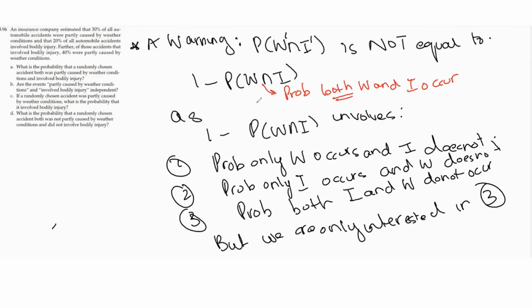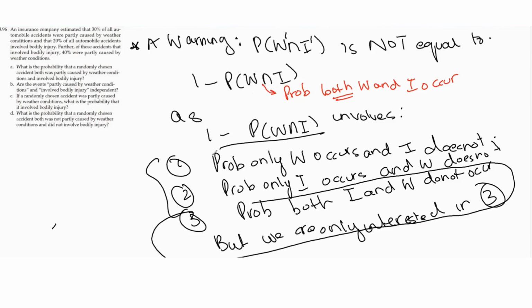So the idea is this: you cannot find probability not W and not I as 1 minus probability W and I, because from this what you're doing is subtracting from one the probability that both of them occur together. So this would involve the probability that just W occurs, the probability just I occurs, and the probability that neither of them occurs, right? But what we are interested in is something different. We're only interested in three, right? But this will involve these two as well, right? Because what you're subtracting from one is the probability both W and I occur.